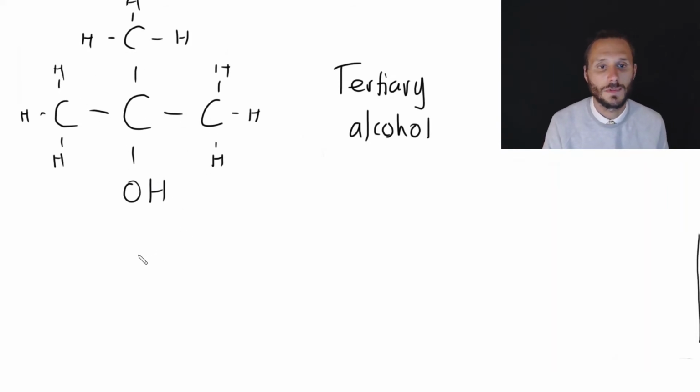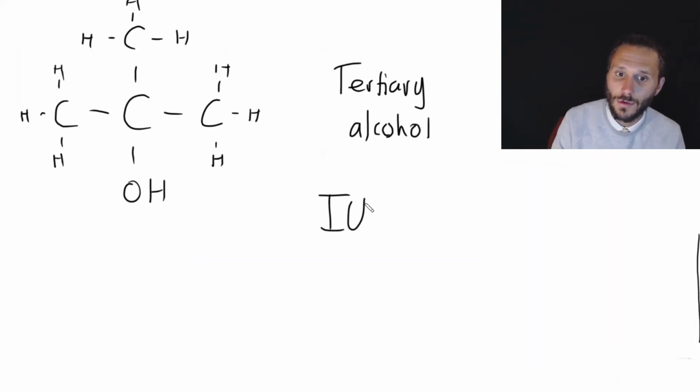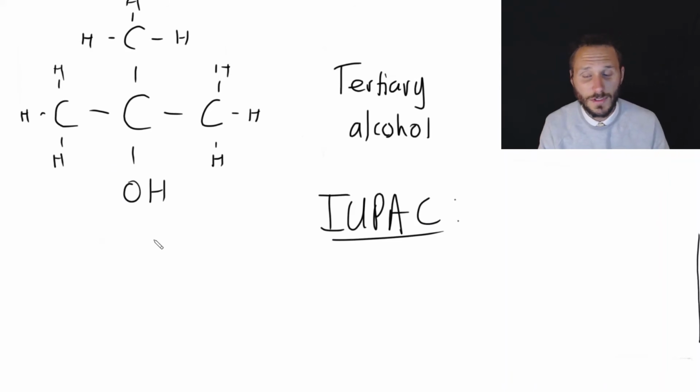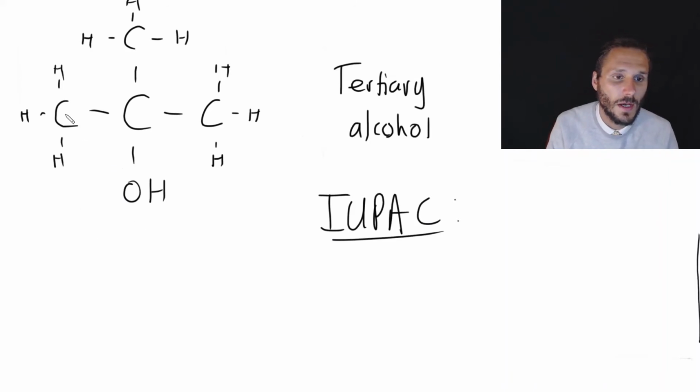3 carbons. Let's go ahead and quickly name this molecule, or give the IUPAC name for this compound. Well, we know it's an alcohol, so we now need to find the longest chain. So it's going to be 1, 2, 3 as the longest chain. I always break it up on a scrap piece of paper. We've got an alcohol coming off the second carbon, so it's going to be 2.